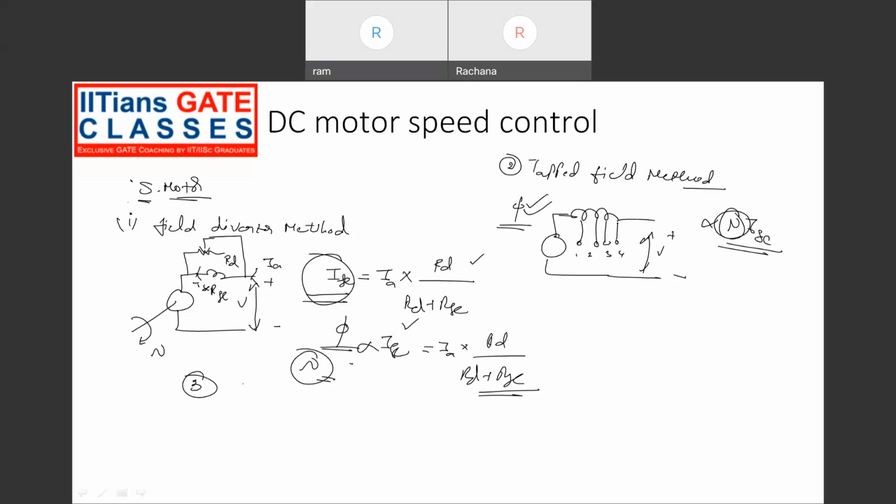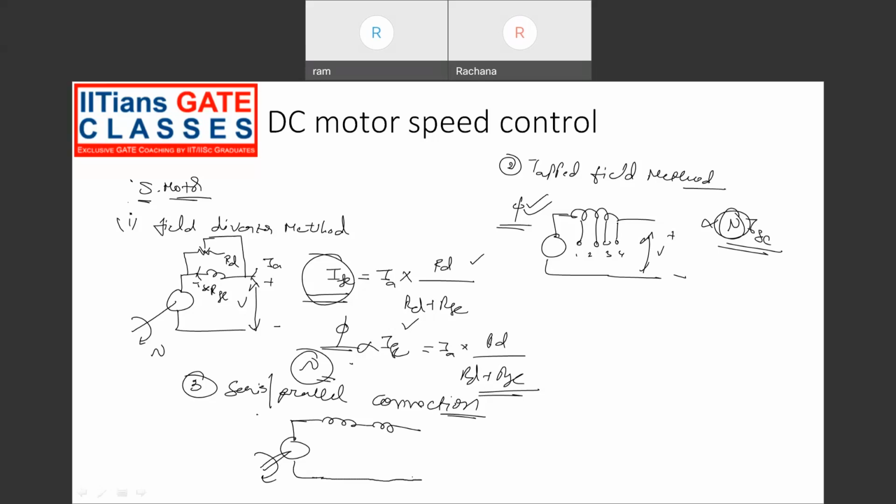The third method is the series parallel connection. So we have our armature and the field winding.